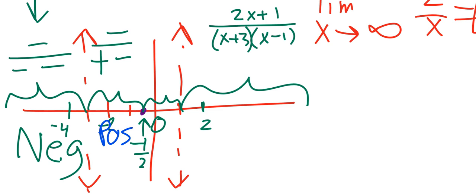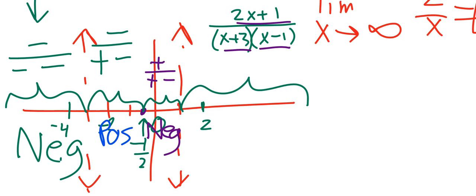So I'm plugging in a 0. 2 times 0 plus 1, that's a positive number. 0 plus 3, that's a positive number. 0 minus 1, that's a negative. So what do you think overall is going to happen when you divide that out? You're going to get a negative section. So right here is a negative section between the 0 and that asymptote.